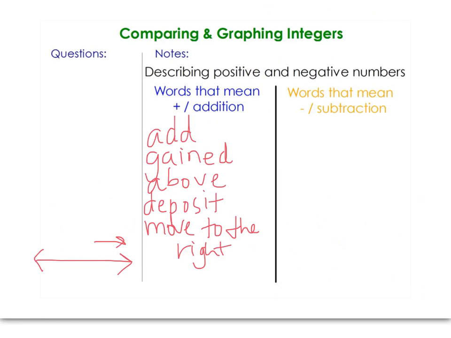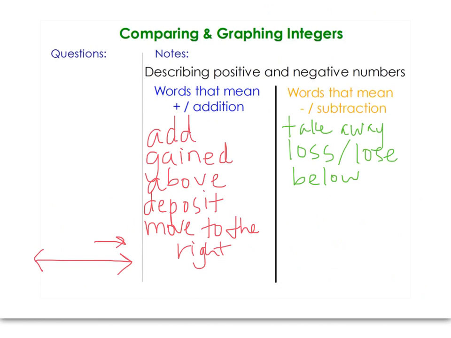Let's think of some words that mean subtraction. So we could take away. We could gain yards. We could lose yards or a loss of yards. If I'm going above, going below is negative.